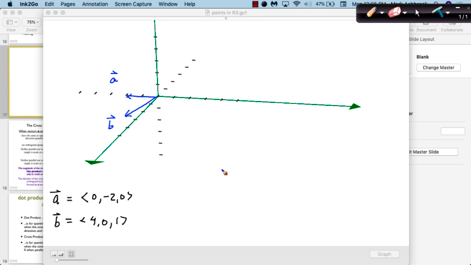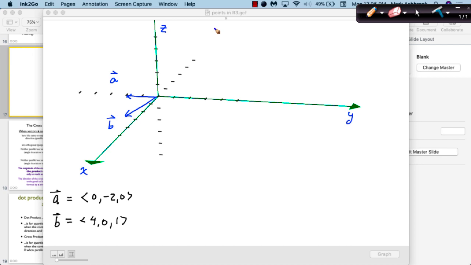And so what do you notice about these two vectors? Anything special? So B is in what plane? The XZ plane.